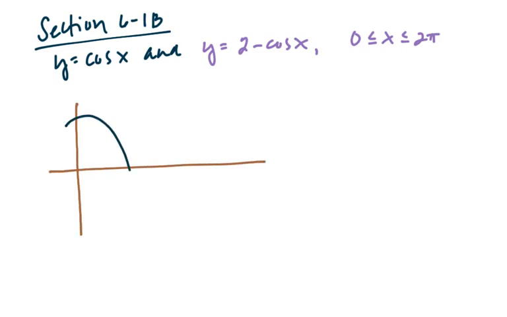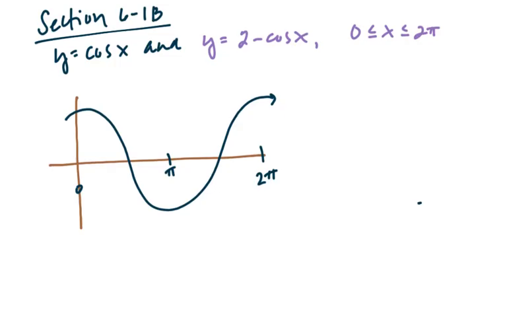Cosine looks like this. Mine's not quite drawn to scale, but not quite symmetrical. So here we have 0 to 2 pi. And then we have 2 minus cosine x. So y equals 2 minus cosine x means the negative cosine x flips it upside down, like this. And the 2 means it moves up 2.